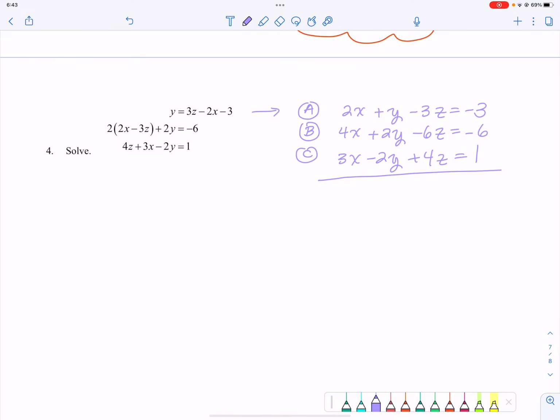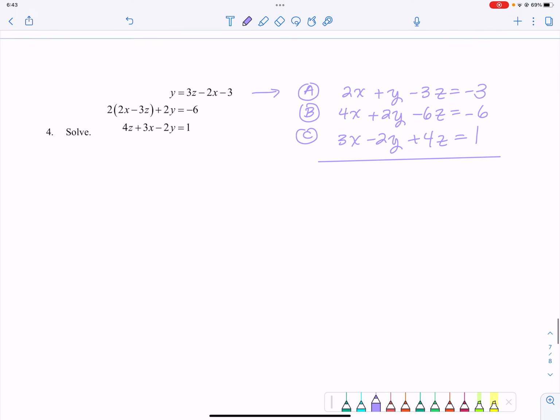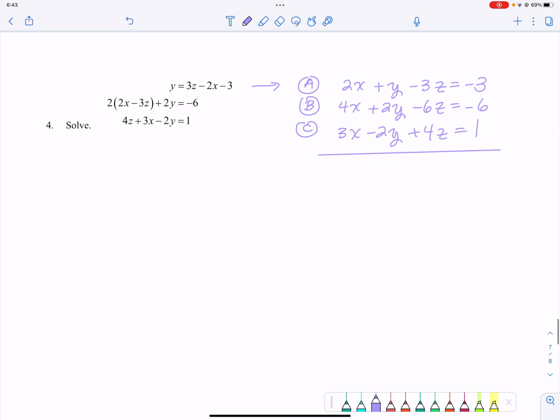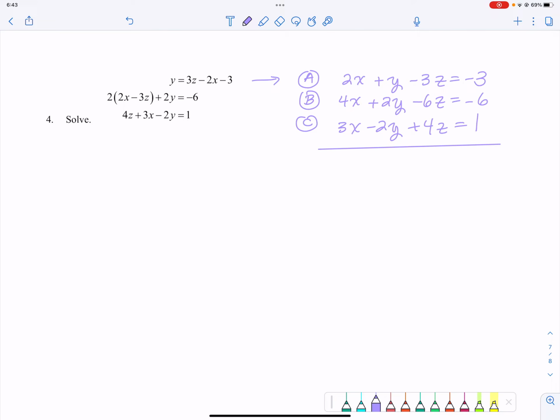So there you have it. So now as you can see, if we look at equation A and B, and we multiply A by a -2, and we add that to equation B. So let's try that.